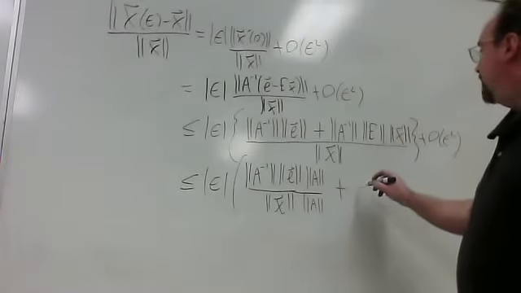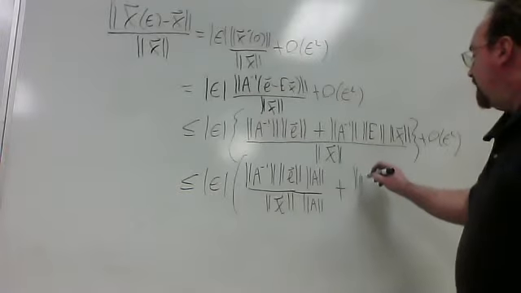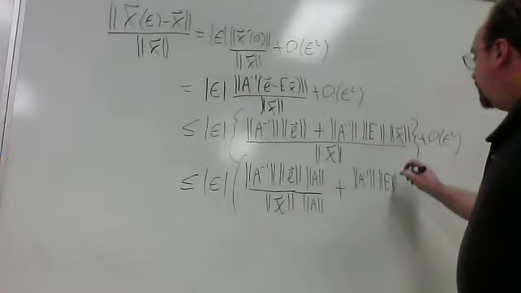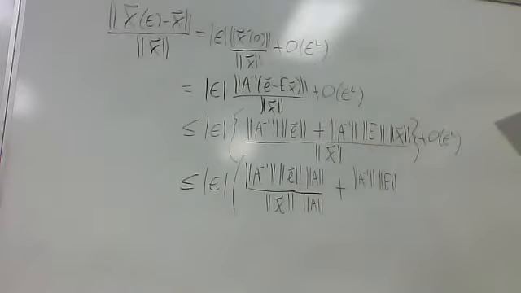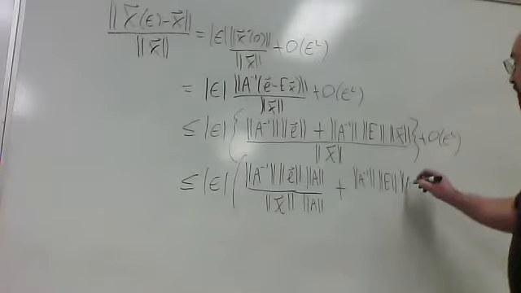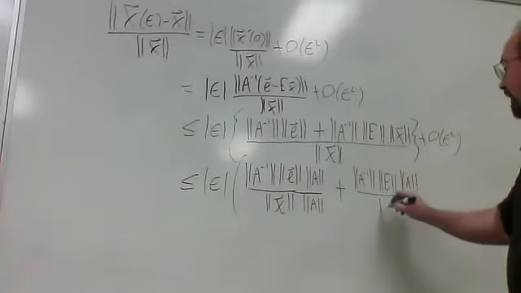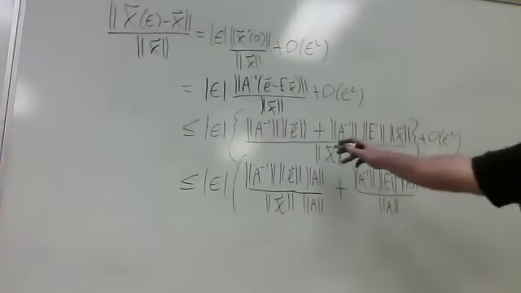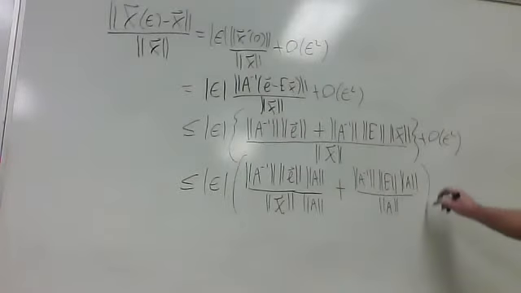And over here I have norm of A inverse times the norm of E. And actually I'm going to multiply and divide that by the norm of A as well. In the second fraction, the norms of x cancel out.